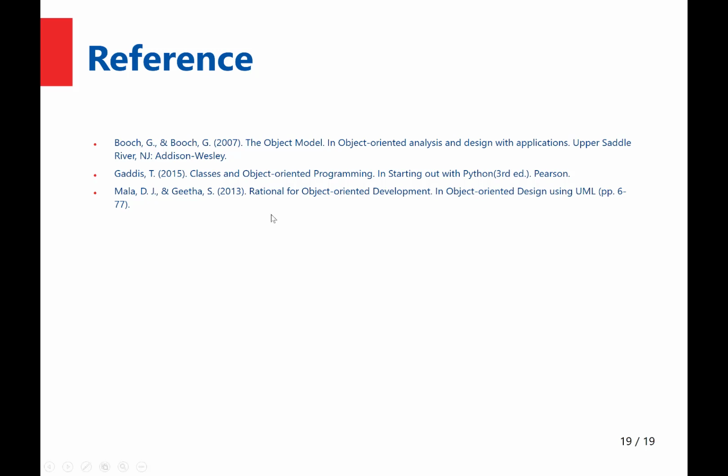And this was this book, Rationale for Object-Oriented Development. I'll be getting some more information from this book from now on, because I think it's important that students understand that we cannot do object-oriented programming if our mindset is thinking in a procedural programming manner. And that was the end of this slide.